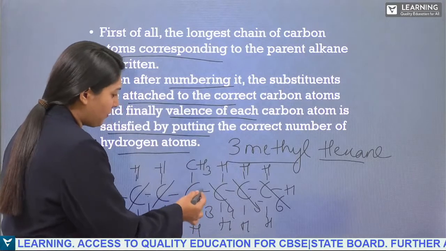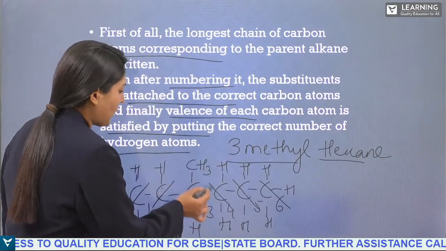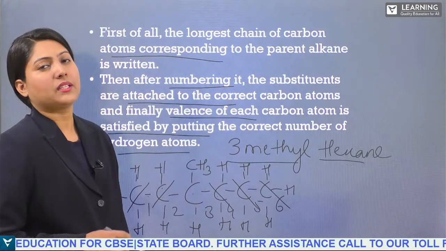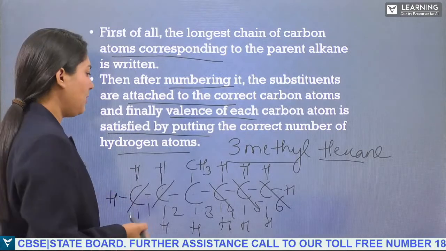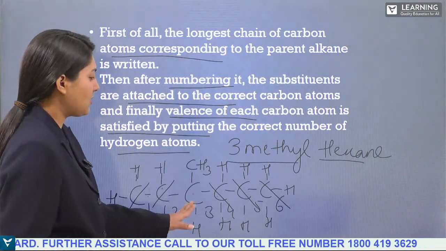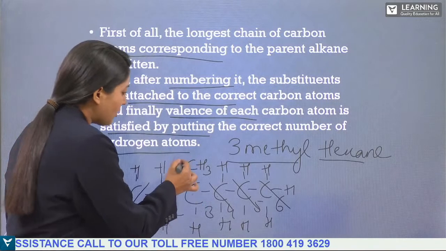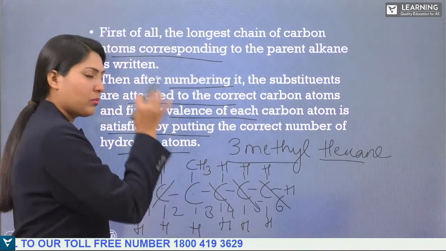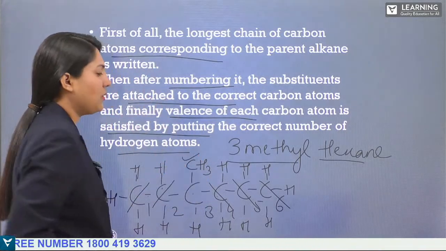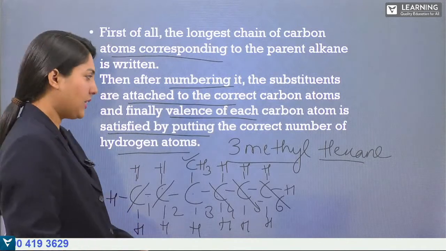Whereas the third one, if you see, is attached to 1, 2 and 3 carbons. So it will be a tertiary carbon atom. Whereas this is also a terminal or branched one, we can call this also a primary carbon atom.